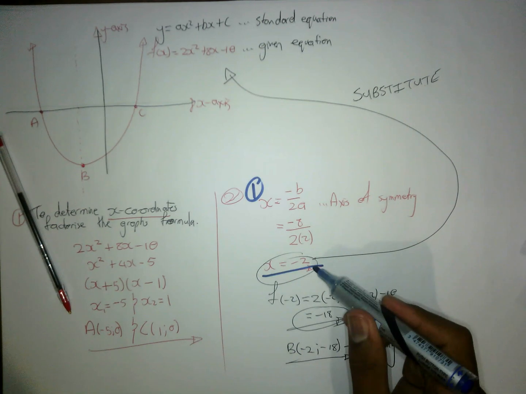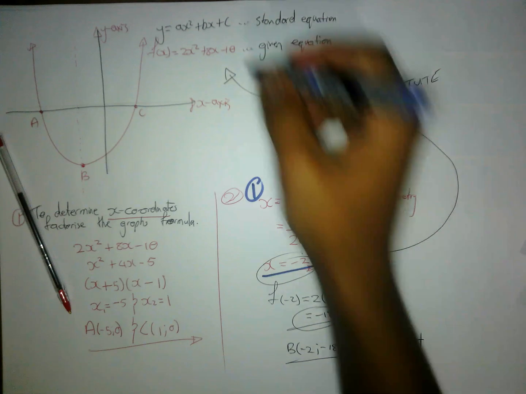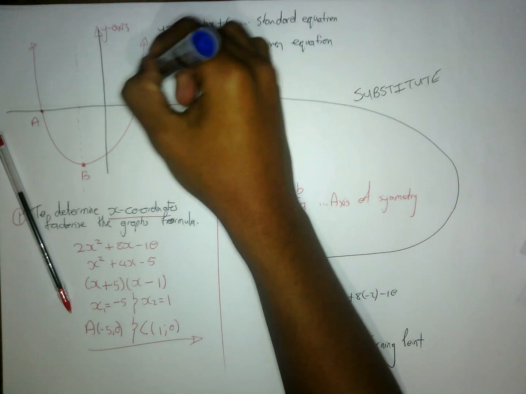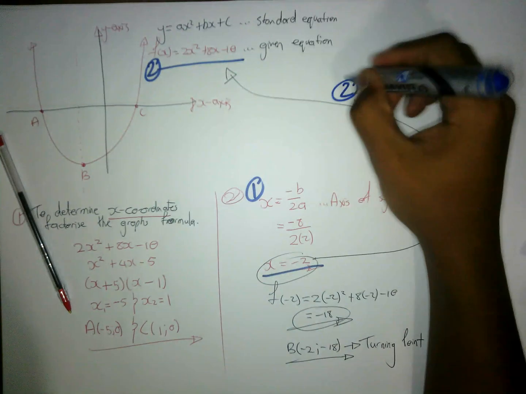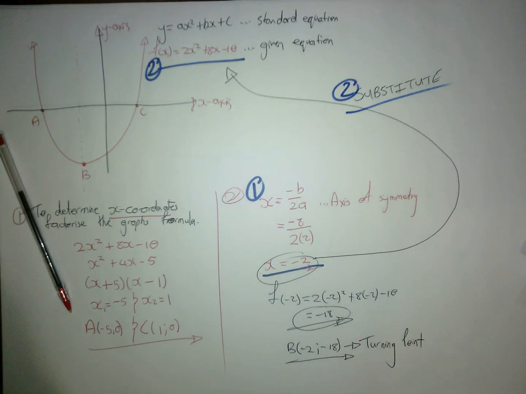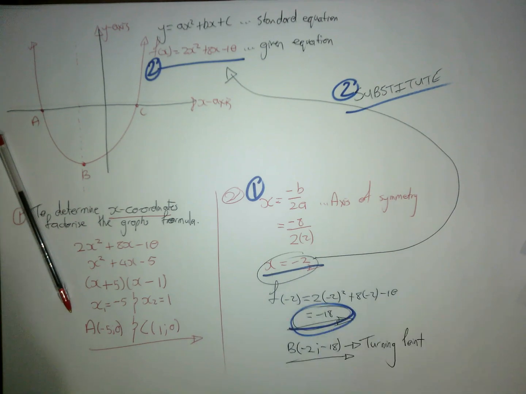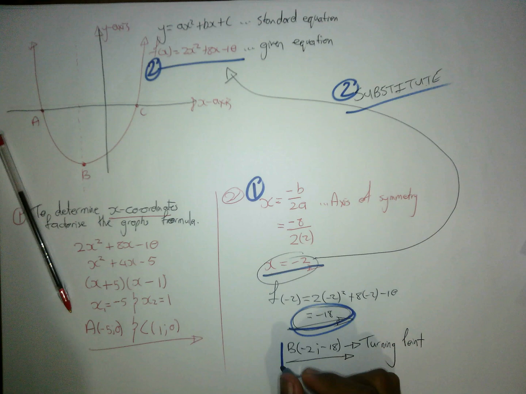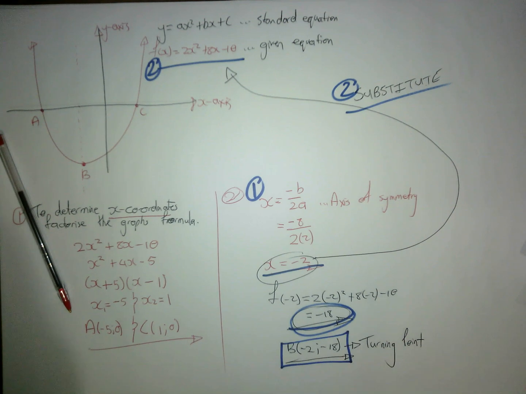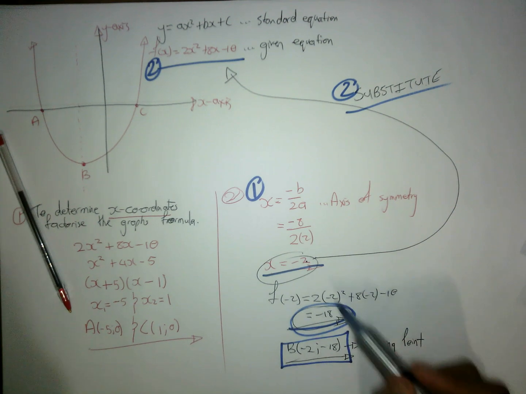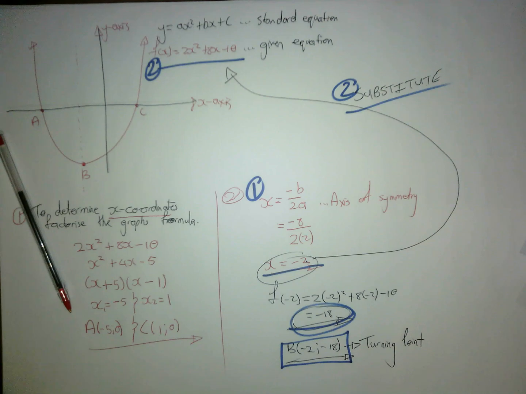You take this answer and put it in number 2, you substitute. Because you have the x already, you get the y. That's straightforward and simple, and you get your marks. That's why I believe this can be your free marks, definitely.